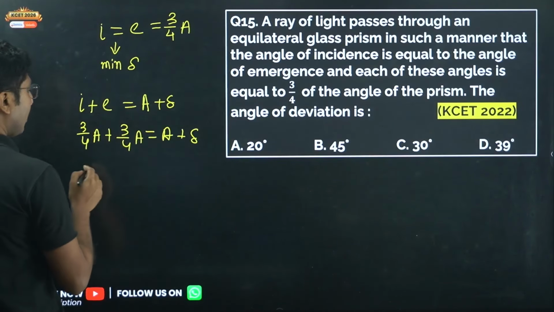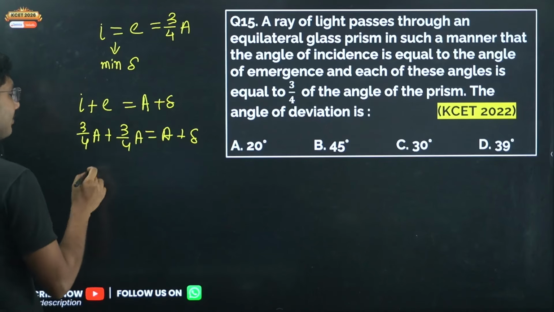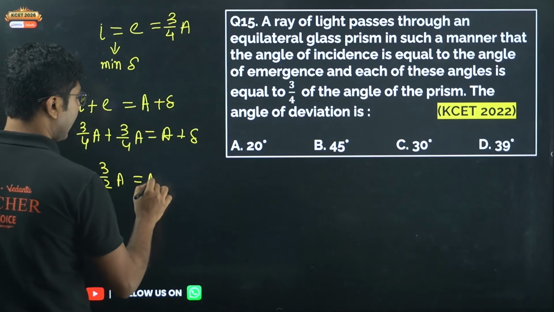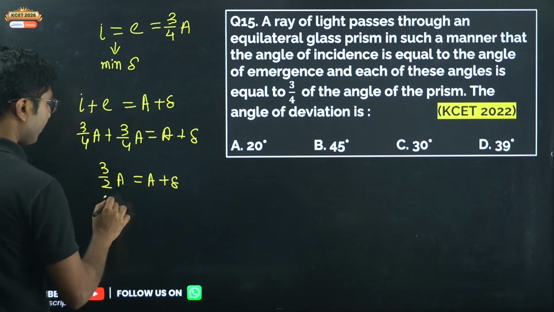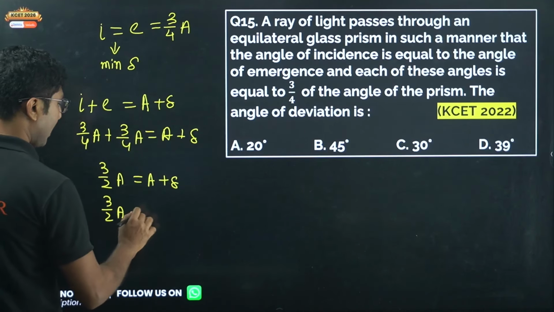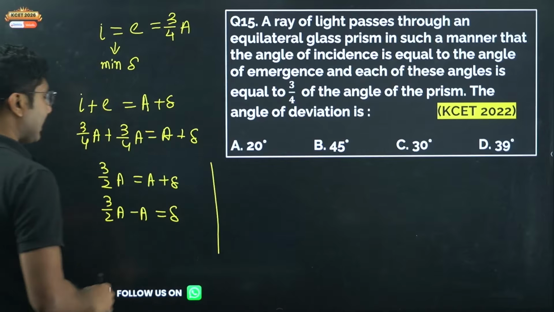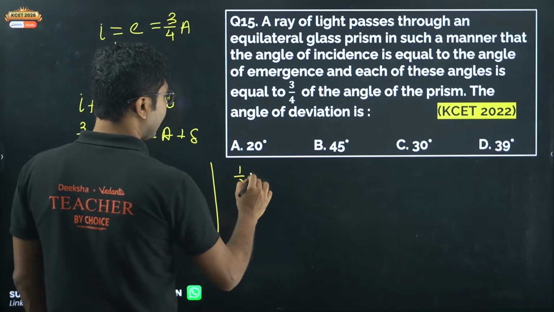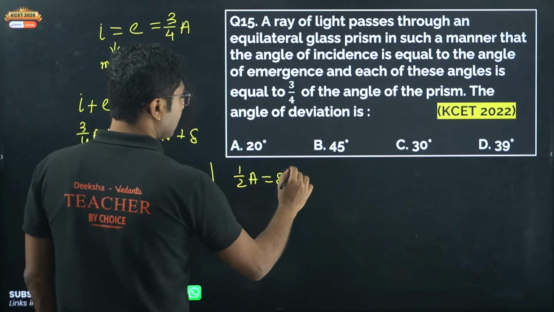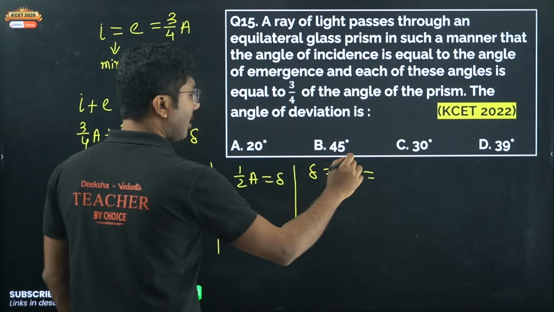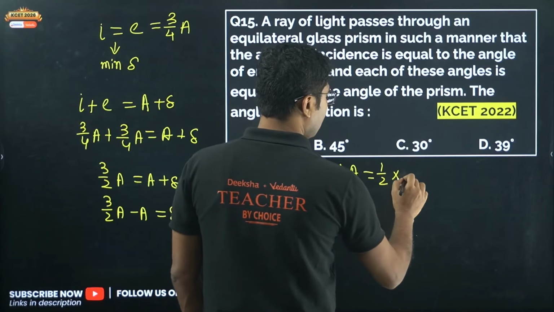Now 3 by 4 plus 3 by 4 is what? It will be 3 by 2 A equals A plus delta, or 3 by 2 A minus A equals delta. Or we can say that half A equals delta. So delta equals half of A, that is half of 60 degrees.